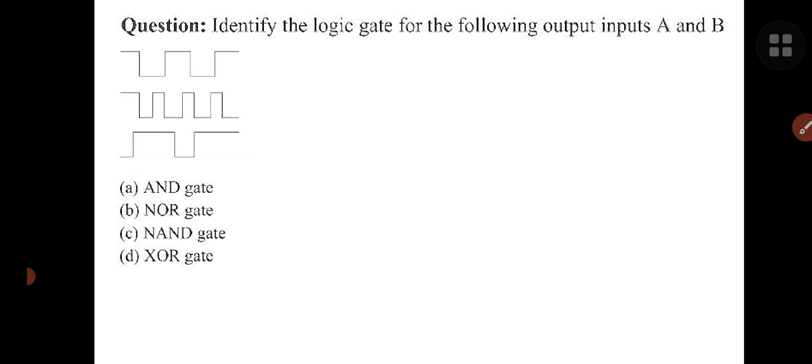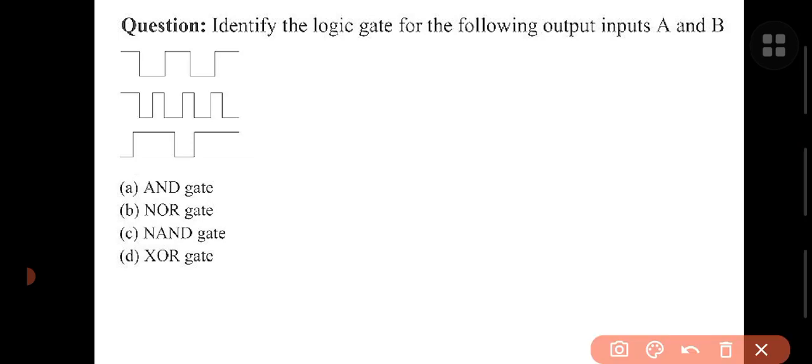Identify the logic gate for the following output: input A and input B. So here the diagram is given, or the logic gate inputs are given, A and B. Here is A, here is B, here is the output of the logic gate.